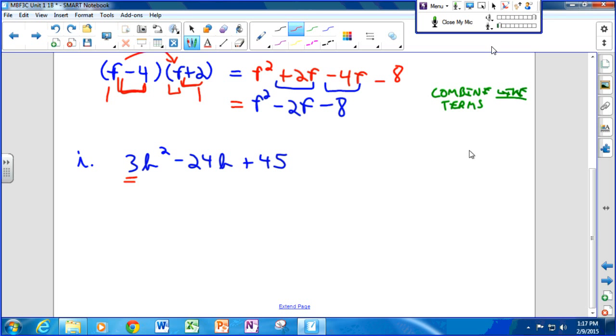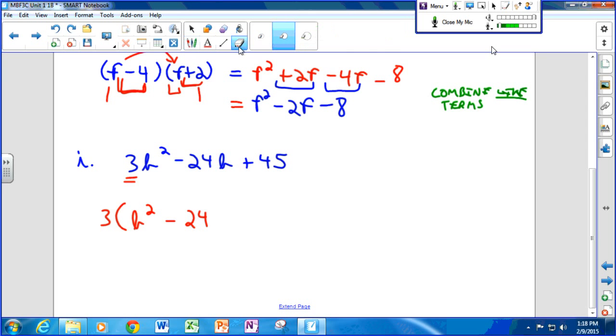So if I was to write this 3 times b squared minus 24, you know what? I'm going to show this a slightly different way. Let's say I had something like this.